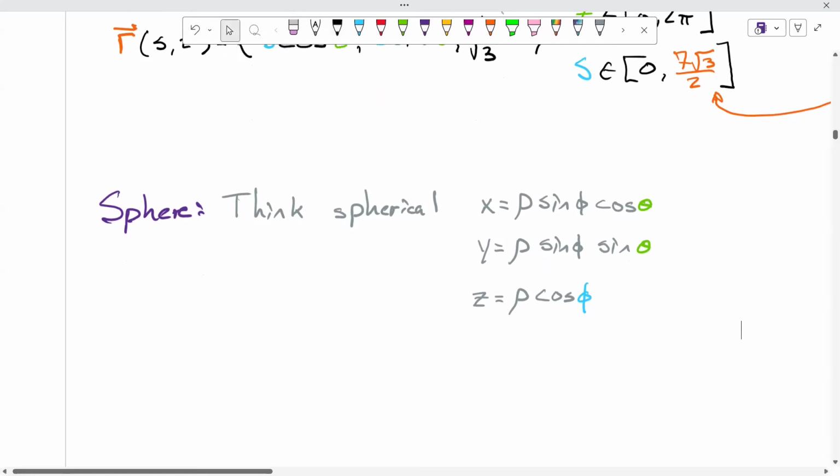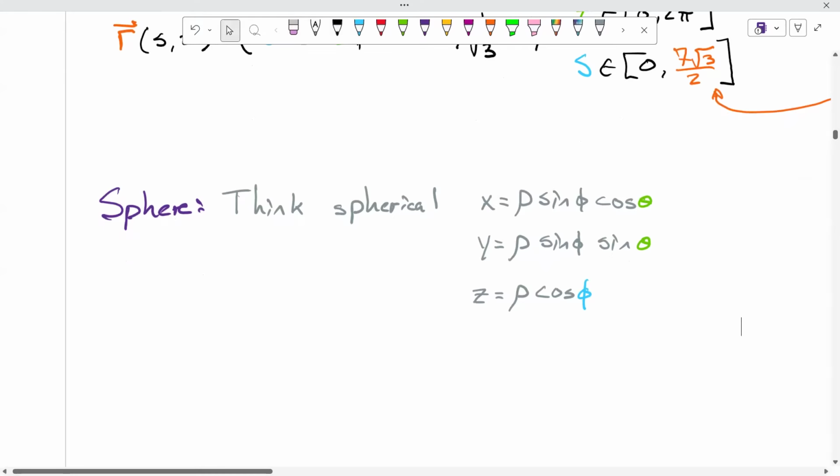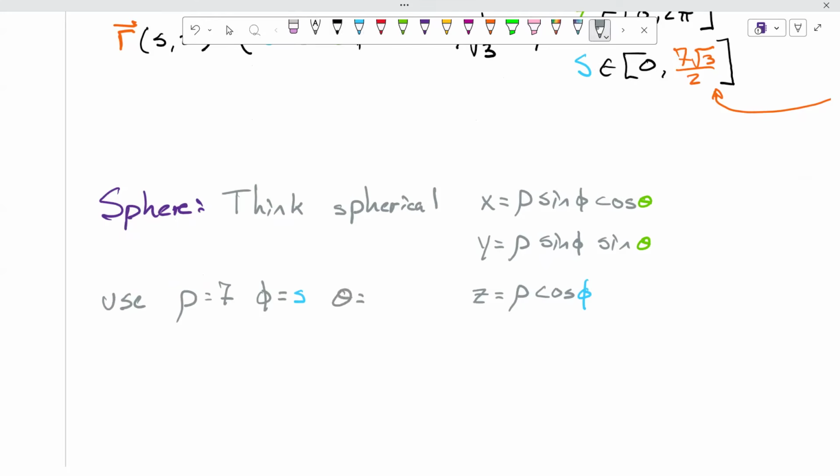And in our particular case, rho is 7. Phi is going to be S. And theta will be T. And then I just have to plug all that stuff in.